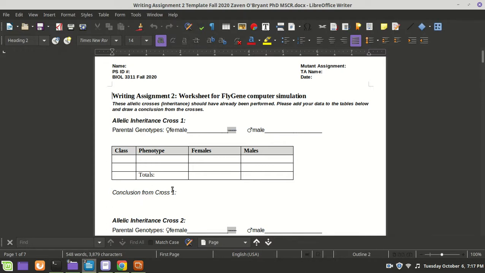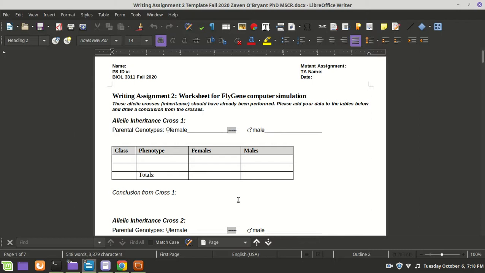So in this worksheet, you put in your phenotypes, these are your results. You're going to say, here are my parents, and this is my F1, and here are the numbers you're going to get. You're going to get certain phenotypes, and here are the males and females for whatever phenotypes you have, and you get your totals.